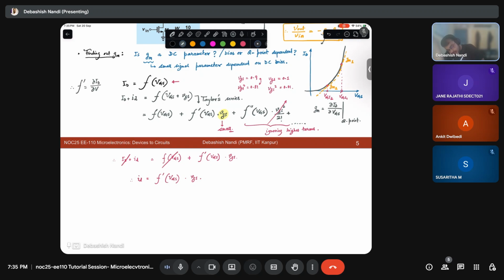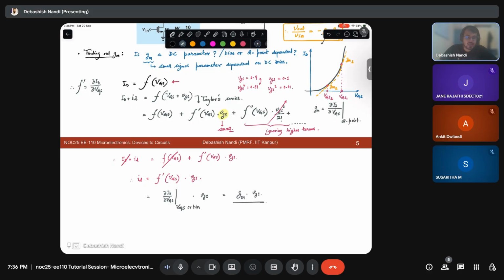It is dID by dVGS computed at the VGS or bias point, times small vgs. This is nothing but your gm times small vgs.